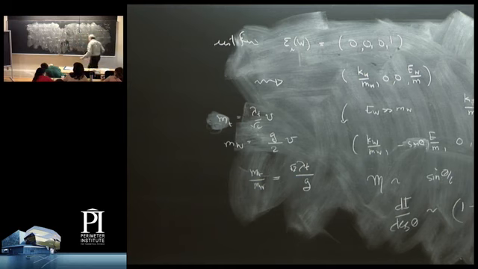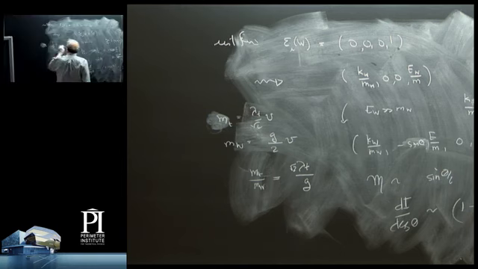Well, I'd just like to remind you that the top quark mass is equal to the top quark Yukawa coupling times v over square root of 2, and the W mass is the weak coupling g times v over 2.